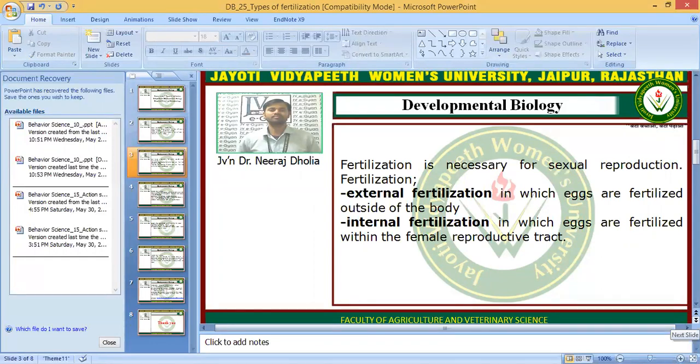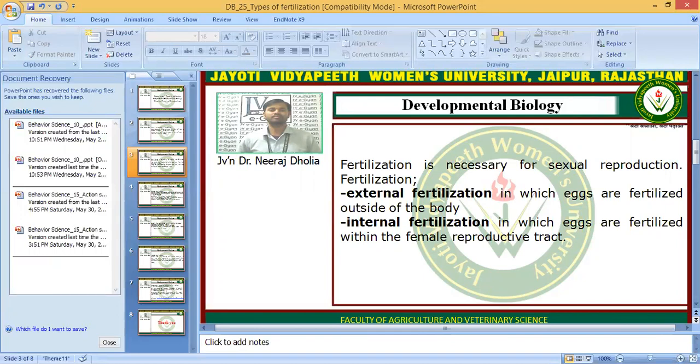The types of fertilization: generally there are two types. One is external, the second is internal. If the gametes are fused, or the eggs are fertilized, outside the female body, it is known as external fertilization.